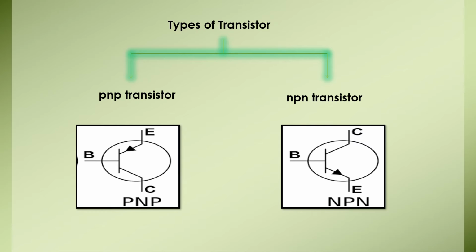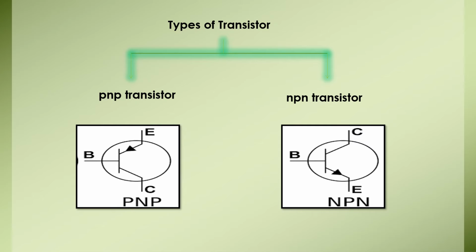How do we differentiate these two according to the symbol? In the case of the PNP transistor, we draw an arrow which points towards the base terminal. It indicates from emitter to base terminal. This is the direction of current, means current flows from the emitter terminal to the base terminal.